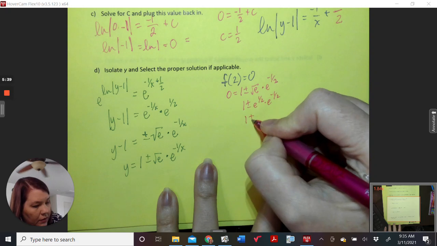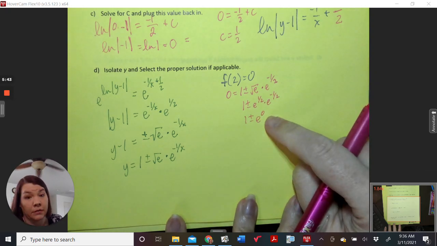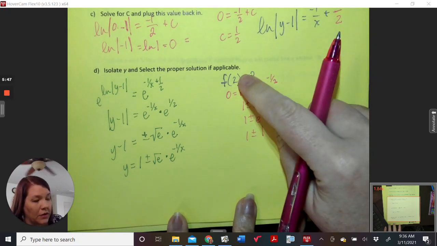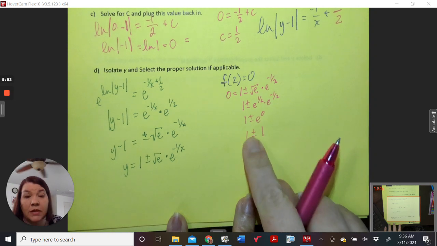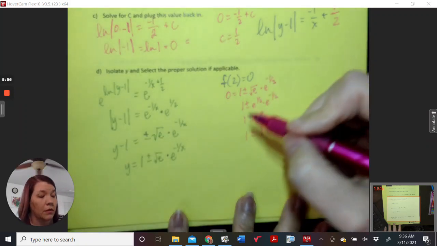It took a minute before it became 0, but it did. So I have 1 plus or minus 1, and I'm supposed to get 2, which means I need to add, not subtract. Oh, I'm supposed to get 0, excuse me, which means I need to subtract. So I need the negative case.